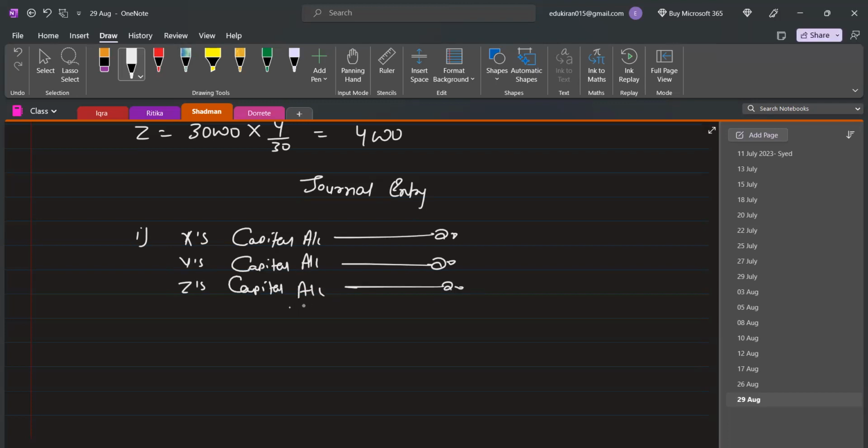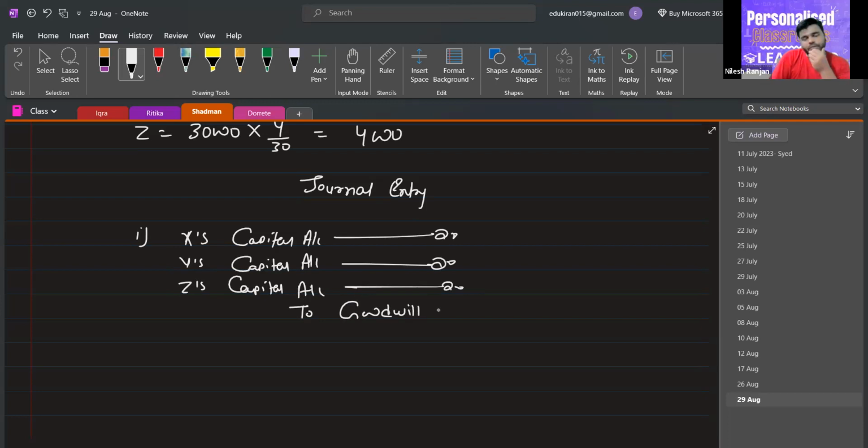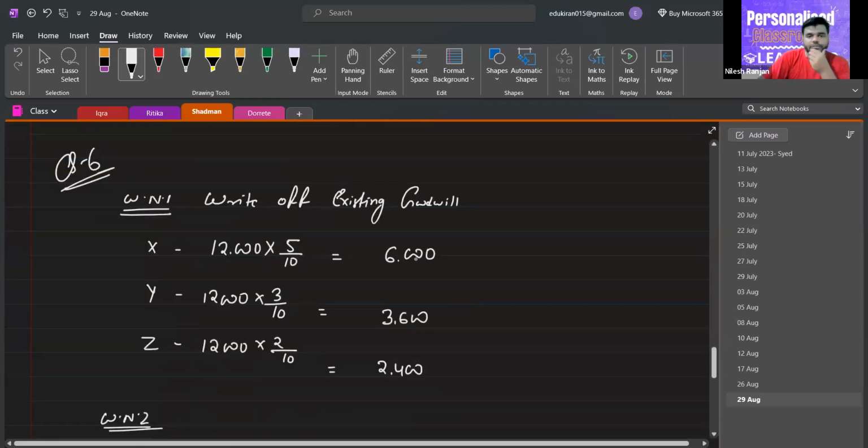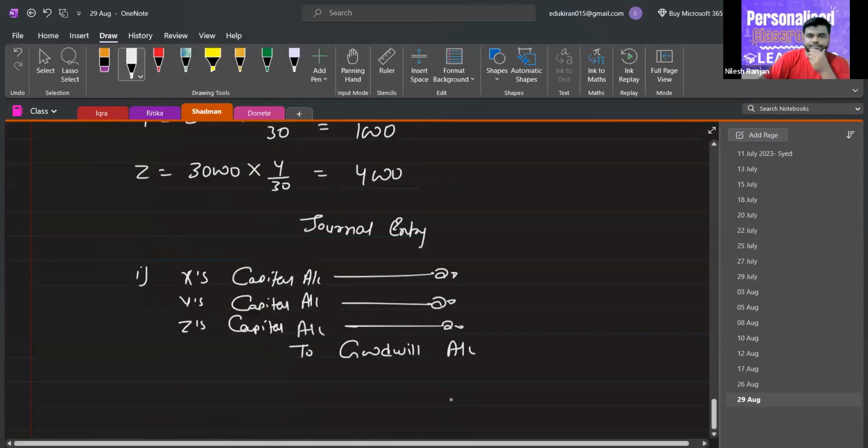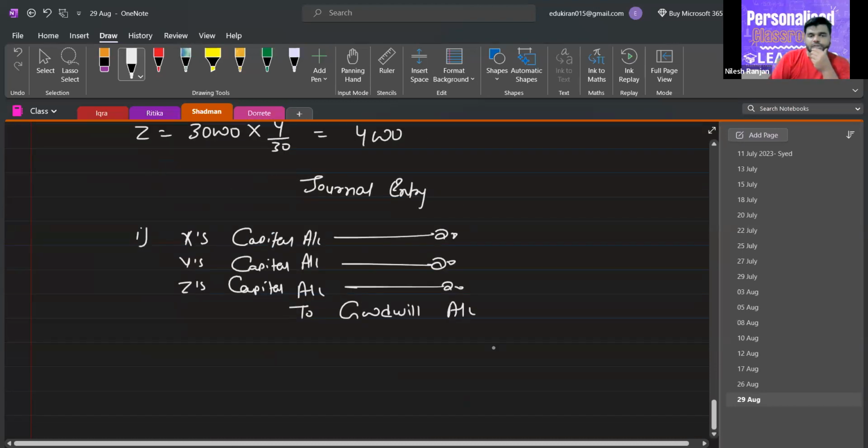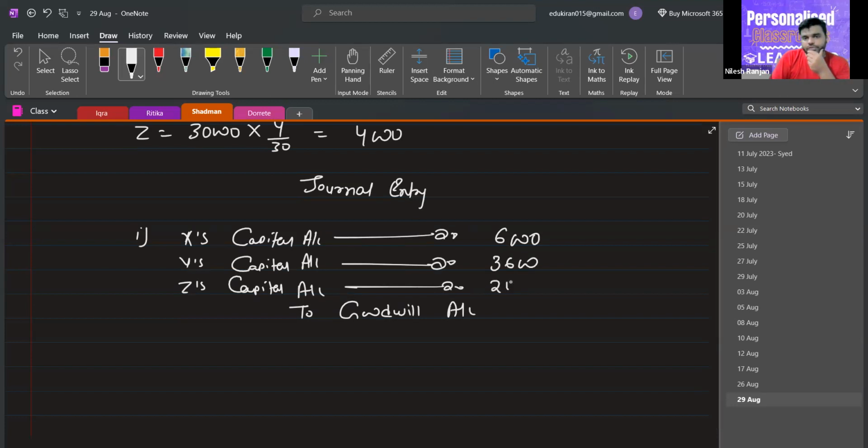So we have to write off 12,000. We have to write all the amount we have calculated first: 6,000, 3,600, and 2,400. It is 12,000.